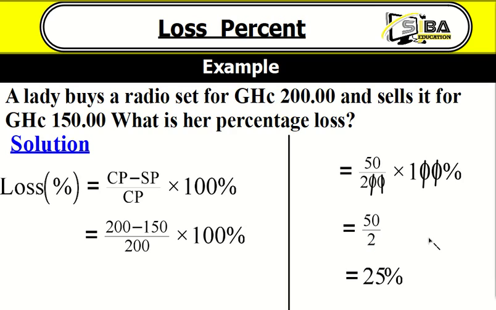So here, our lady made a loss of 25% of the amount she used to buy the radio. So really, it's not all the time businessmen or traders who make profit. Sometimes they make losses due to damages or the reduction in the price of the item.